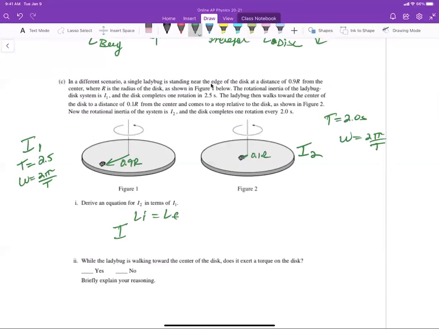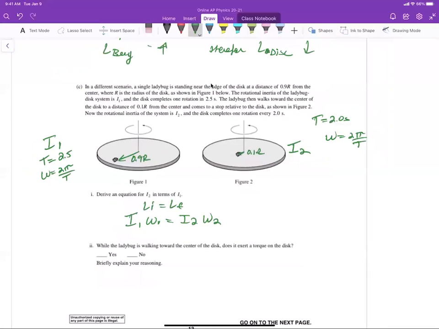That equals the initial moment of inertia times its initial angular speed, and that must equal its final moment of inertia, which they called I2, times its final angular velocity, which we'll call omega 2.